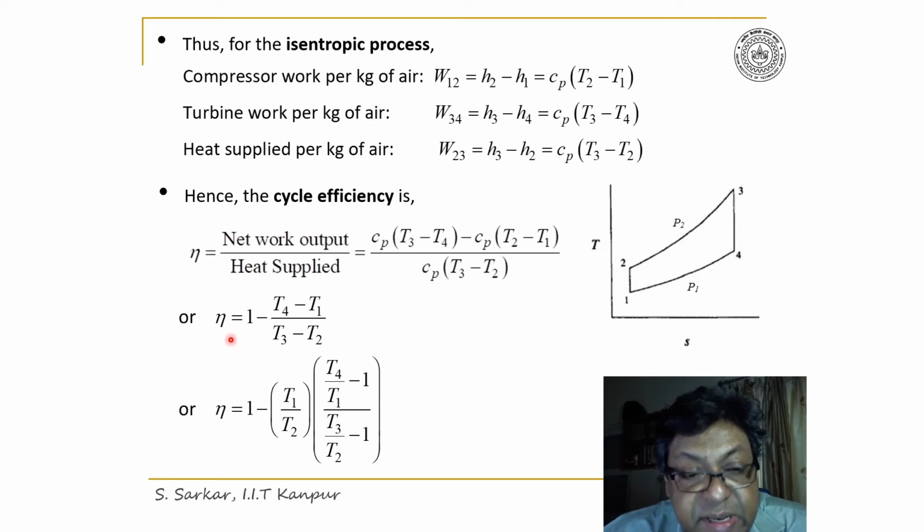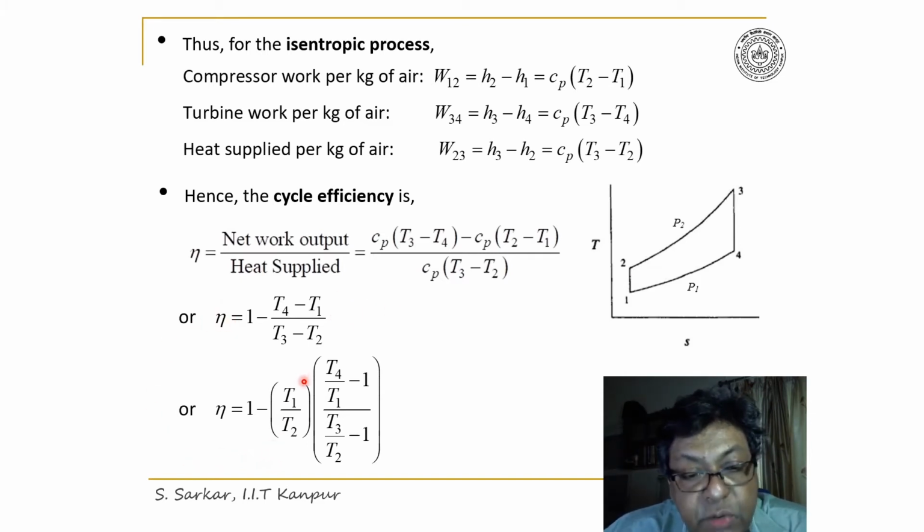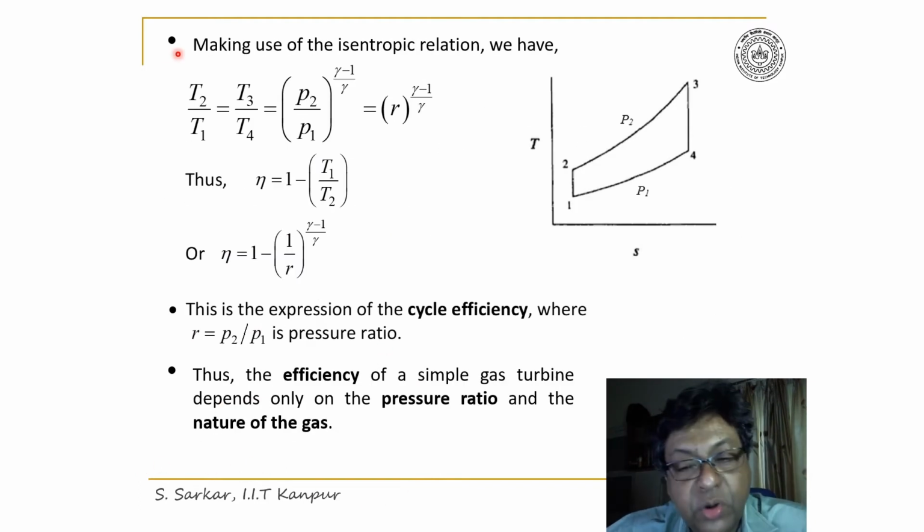Thus, eta can be expressed as 1 minus (T4 minus T1) divided by (T3 minus T2), which can be expressed as 1 minus T1 by T2 within bracket (T4 by T1 minus 1) divided by (T3 by T2 minus 1). So I can express eta in the form as I have stated here. Please note that the compression and expansion processes are considered isentropic.